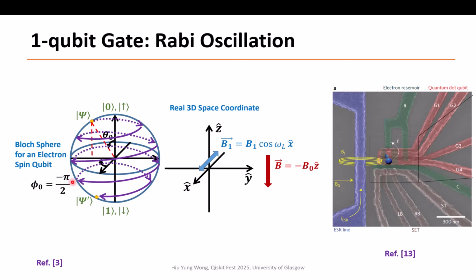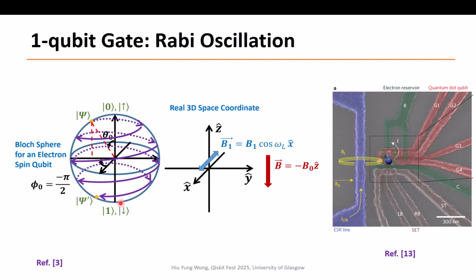So remember, this is not in our real 3D system. This is something we do as a mathematical transformation. The space of the qubit state is a Hilbert space, a complex space. We cannot see it, right? But anyway, we embed it, then we can start thinking about every state on this Bloch sphere corresponding to a certain state. And 0 is here, 1 is here.